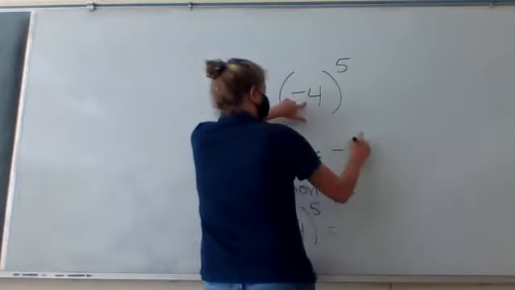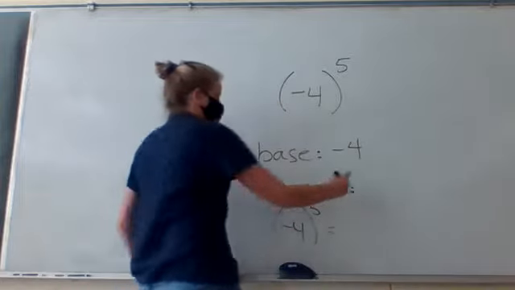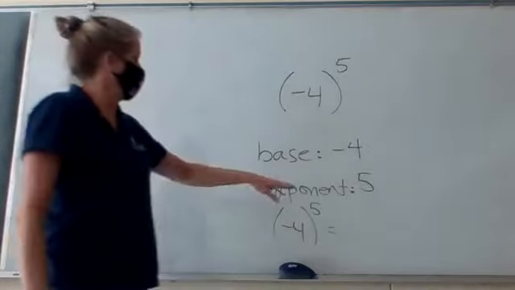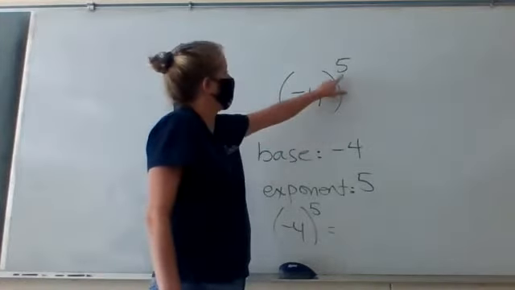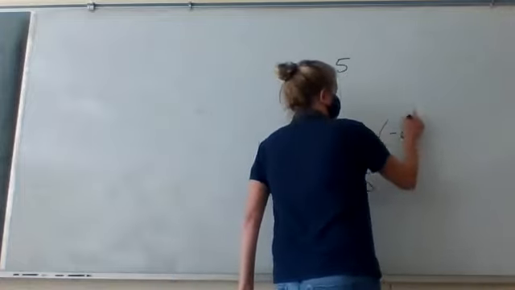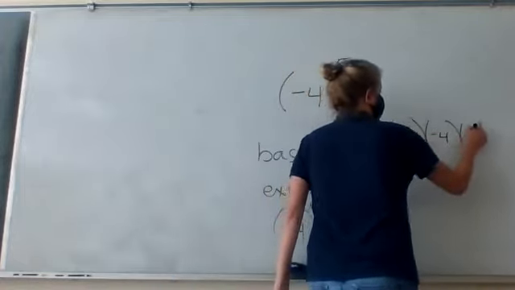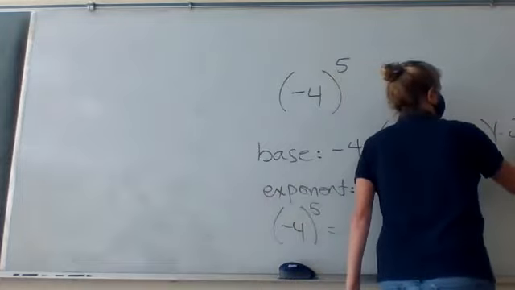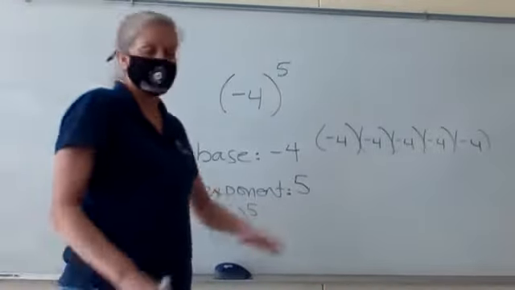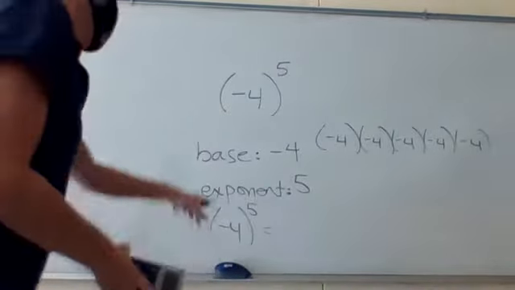The -4. The exponent is 5. So that would mean what? You multiply -4 together 5 times. So again, -4 together 5 different times, or in your calculator.